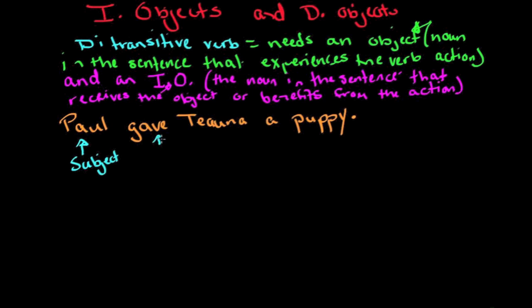Gave is our verb, and it's in the past tense. Give is a verb that is ditransitive, so it needs both an object and an indirect object. Here, Tiana is the indirect object because Tiana is receiving the benefit of the action. She's receiving the puppy, and the puppy is our object.